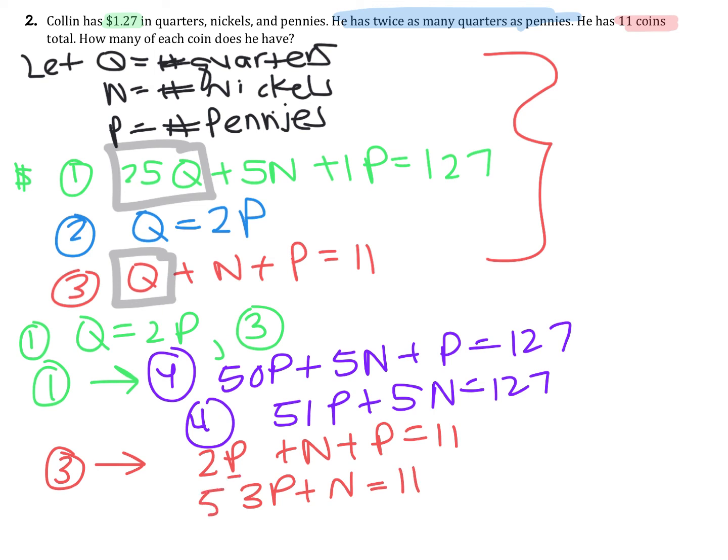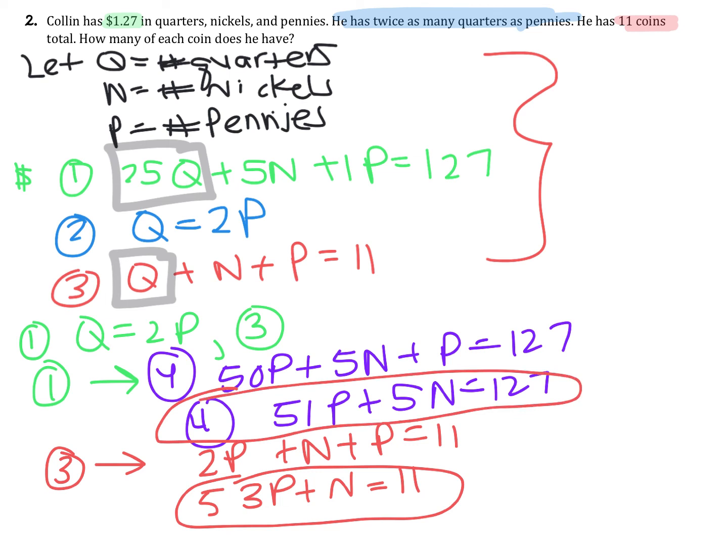So now I can use equation 4 and equation 5 to eliminate a variable. Now these are not the nicest looking of numbers. I don't really want to multiply 3 by something to get 51. However, I will say that 3 times 17 is 51, so it wouldn't be terrible. I'm going to choose to use equation 4 and equation 5 to eliminate N.